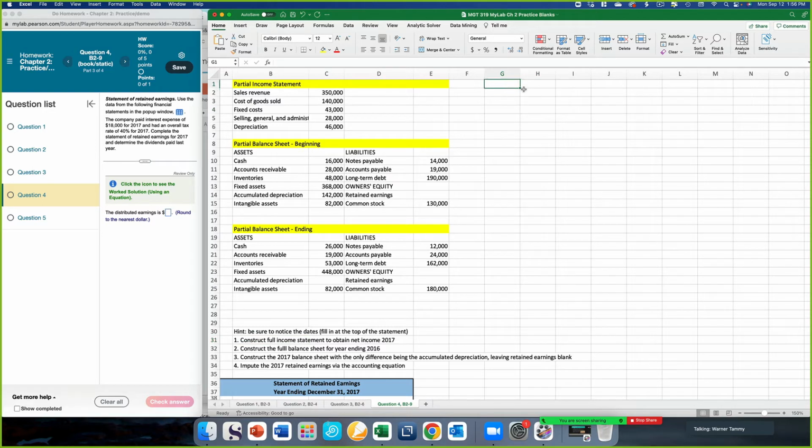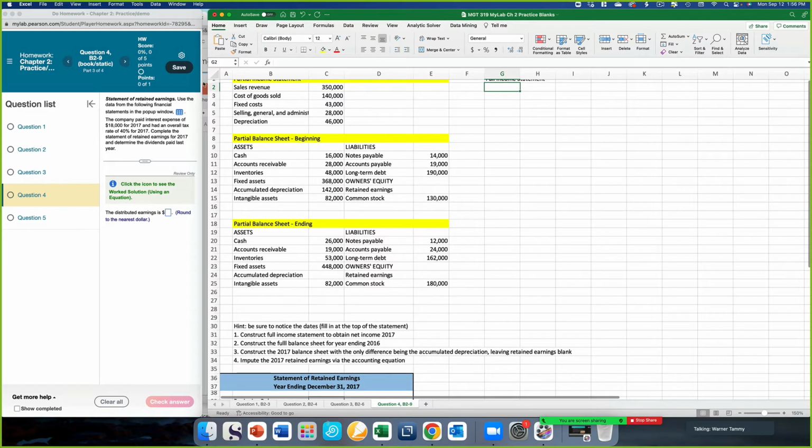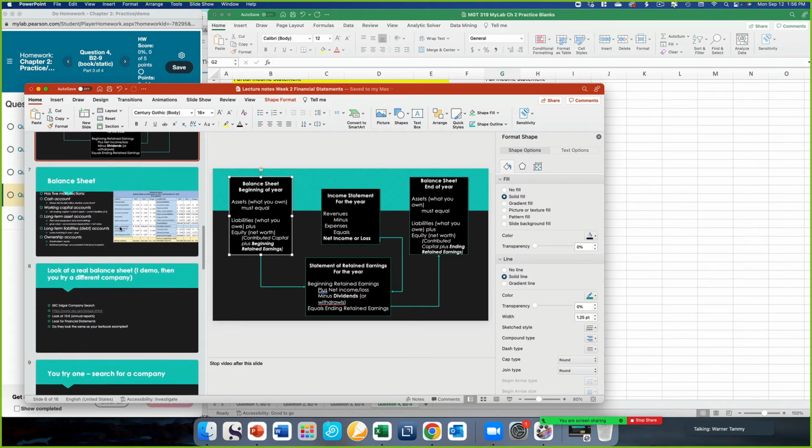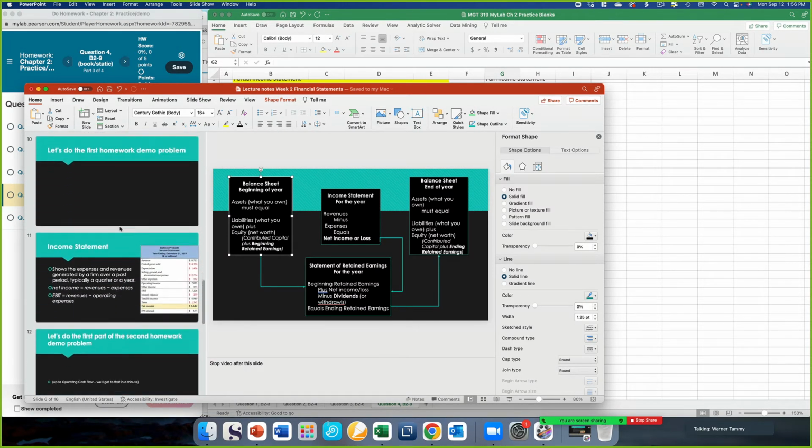All right, so let's make a full income statement over here in column G. Now, what goes into an income statement and in what order matters a lot. And so if you can't remember how to construct an income statement, you look over here in the PowerPoint, right? And so let's take a look in the lecture notes for how to construct an income statement.